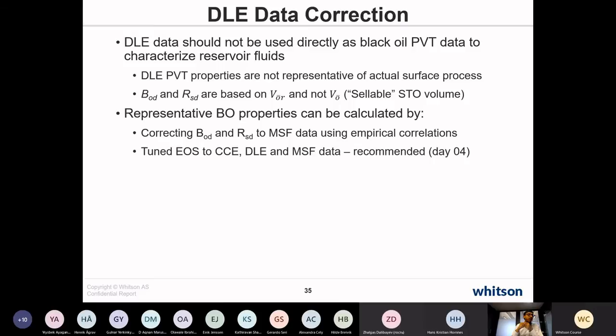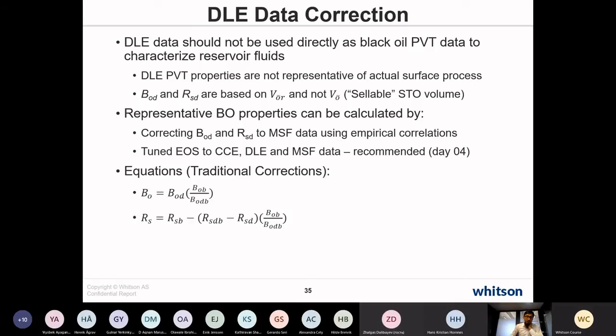But if you have volatile oils, gas condensates or near-critical fluids, the CVD experiment is generally recommended. We will also come back to the advantages of doing the DLE experiment with respect to EOS model tuning compared to the other experiments, and when you can think about doing that experiment on the PVT samples. Okay, thank you.